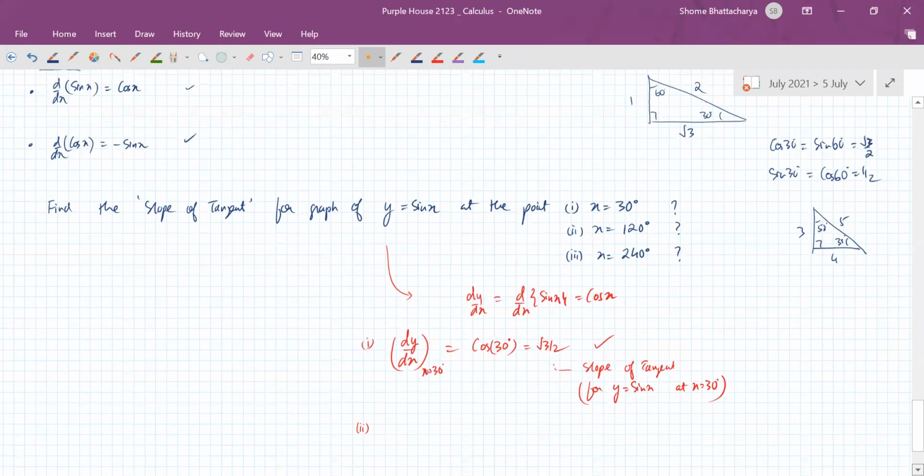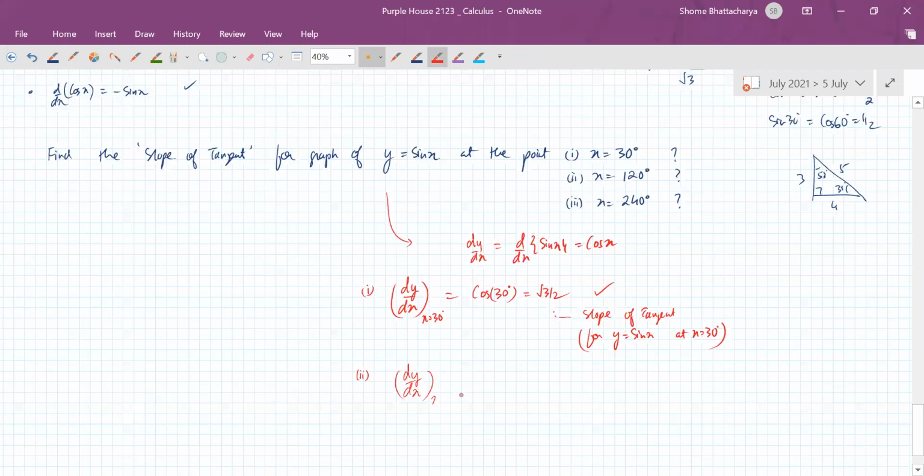So dy by dx second part at x equal to 120 degrees will be cos of 120. Now for cos 120, you again either just remember the formula or you visualize it. So when you're at 120, basically somewhere here, this angle you can see is 60. So cos theta will become minus cos 60 and sine theta will be plus sine 60.